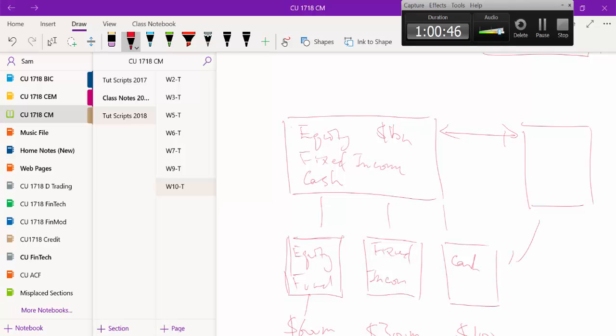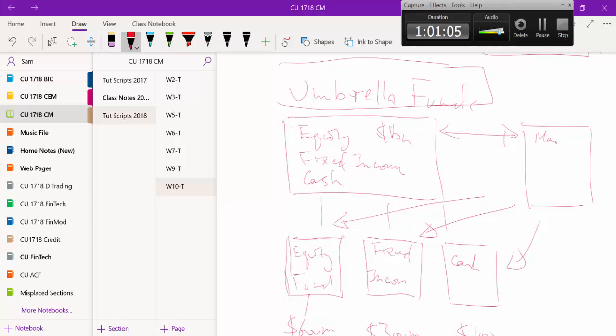So JP Morgan wouldn't know or wouldn't care about these. That's why I said it's an umbrella fund. So that is also possible. There are lots of different ways, but whatever you do, if you are facing this umbrella fund, then your master agreement and your schedule to the master and your definitions and your CSA, they are all directed at the umbrella fund and not the ones below.